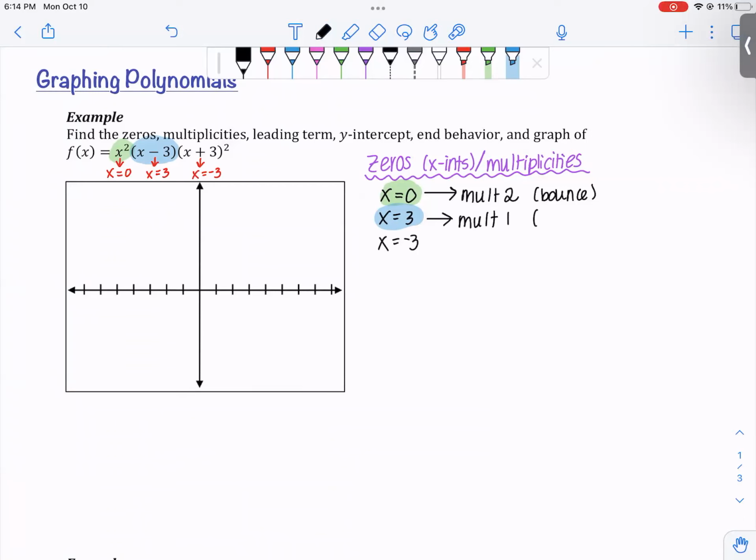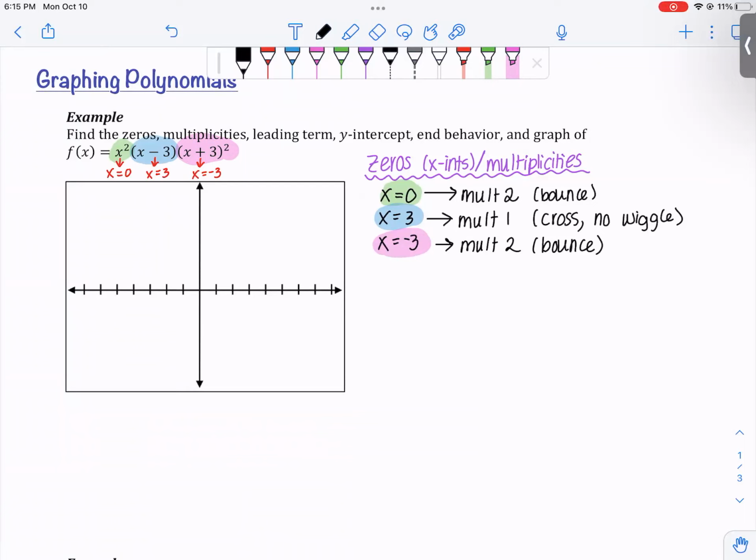And if that is a confusing statement to you, please go rewatch the multiplicities video where we talk about when does it wiggle, when does it not wiggle, when does it bounce. For this guy, the multiplicity is 2 because the exponent is 2, which means that it's going to bounce.